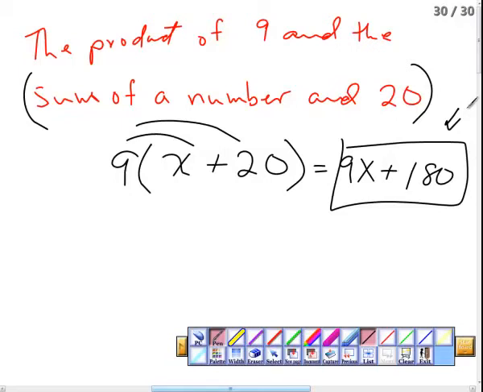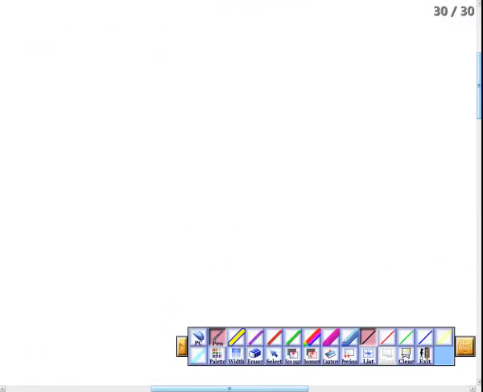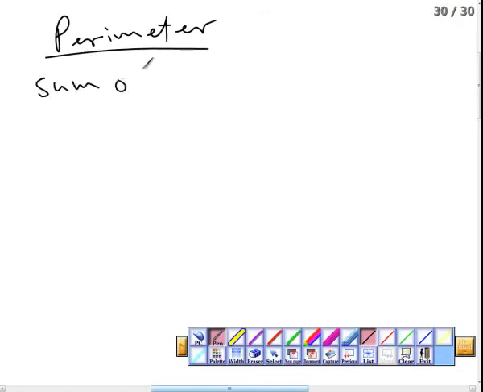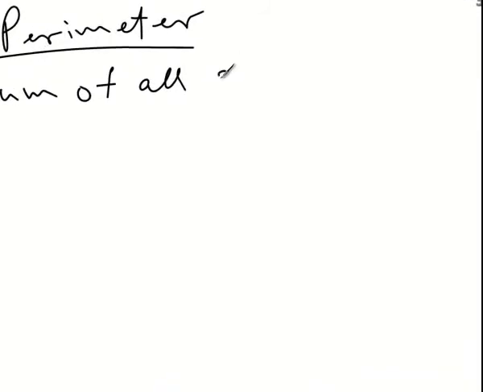All right. Perimeter means what? Yeah, sum of all sides.